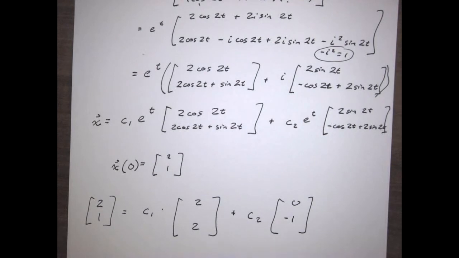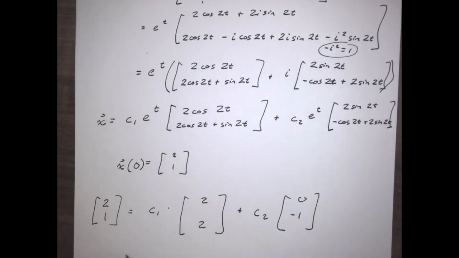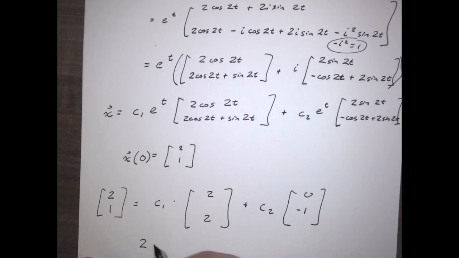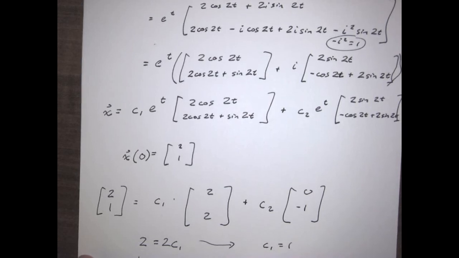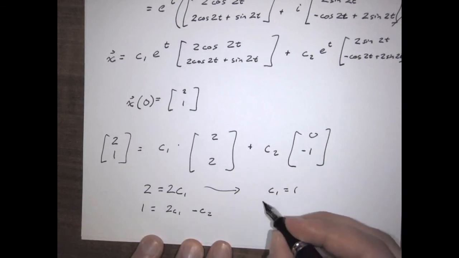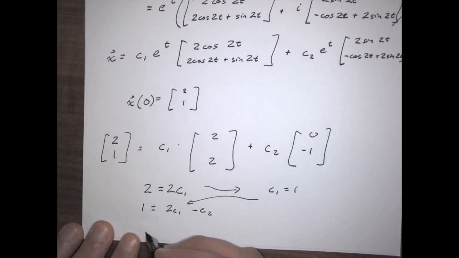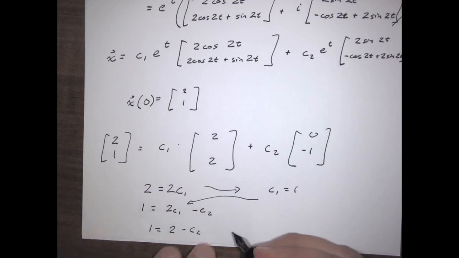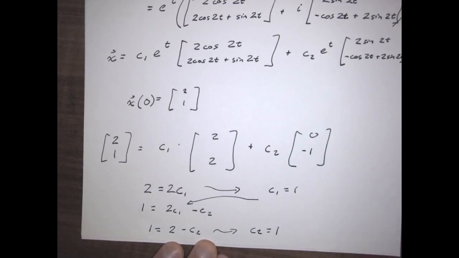Now, I can solve this one the same way I did before, but it's kind of silly because I can just see that 2 equals 2c1, and also 1 is equal to 2c1 minus c2. So c1 equals 1, which then leads us to 1 equals 2 minus c2, and that leads to c2 also equals 1.